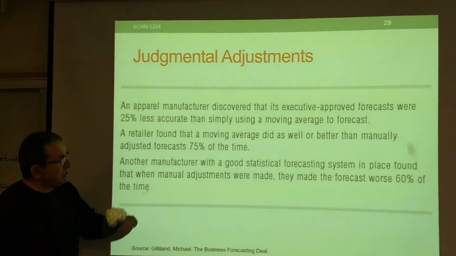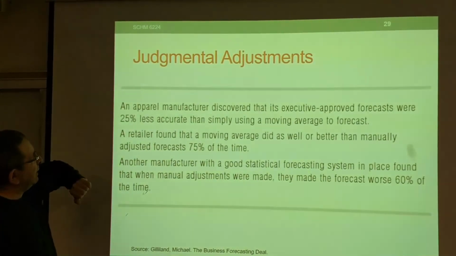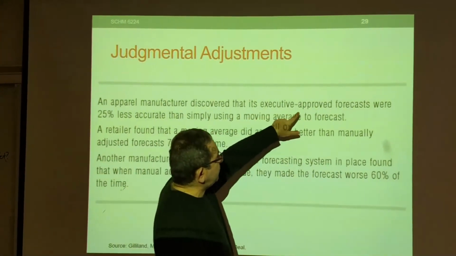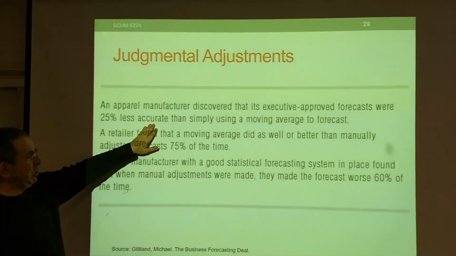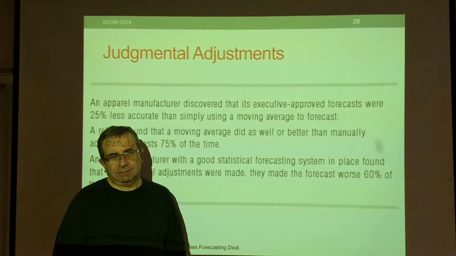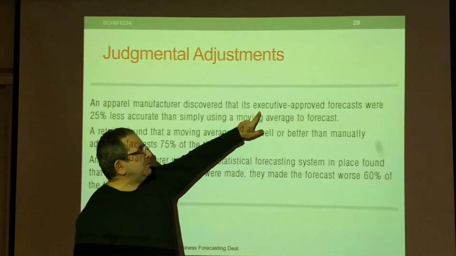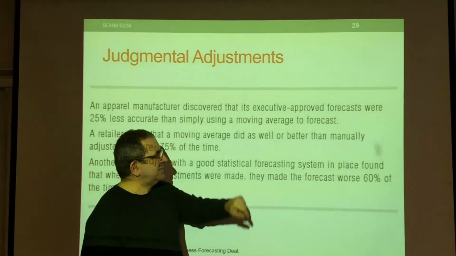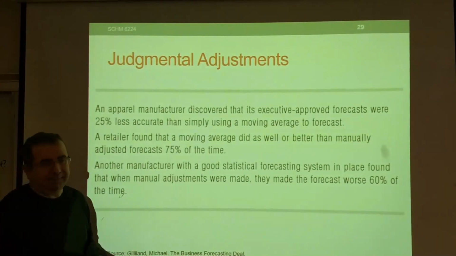And this is from one of their studies. They say an apparel manufacturer discovered that its executive approved forecasts were 25% less accurate than simply a moving average forecast. So what they mean to say is, when you let executives touch your forecast, you lose accuracy. That's what they say.